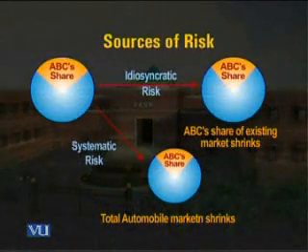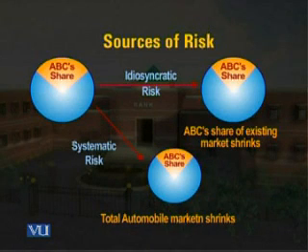But when we talk about the systematic risk, overall economy-wide risk, as is the example of the increase in the petrol prices and therefore decrease in the automobile sales, then we see a smaller pie. So we look at the lower half of the slide. What we see is the systematic risk where the size of the pie has shrunk.